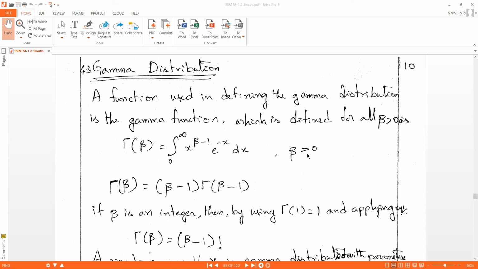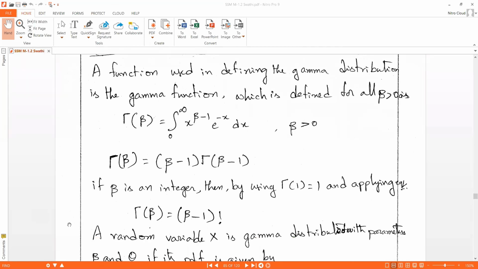Tau of beta is equal to beta minus 1 into tau of beta minus 1. That's the gamma function.